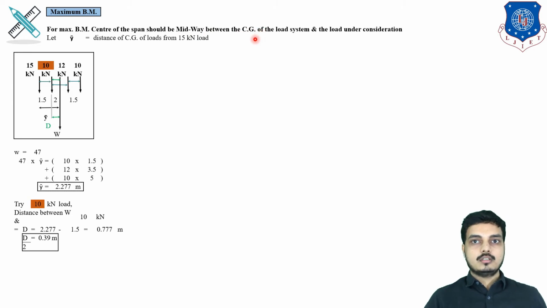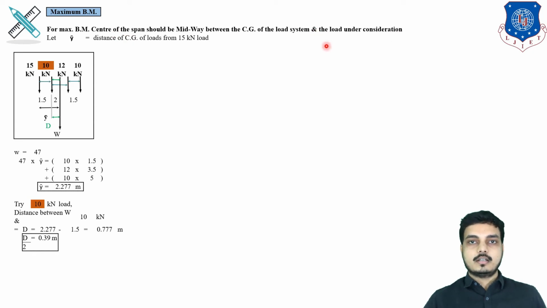Our span is 18 meter, so its center is 9 meter. So what are my loads? They are this 15 kilonewton, 10 kilonewton, 12 kilonewton and 10 kilonewton. The CG of this loading and the midway of the span should coincide.